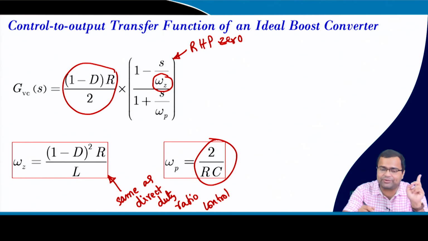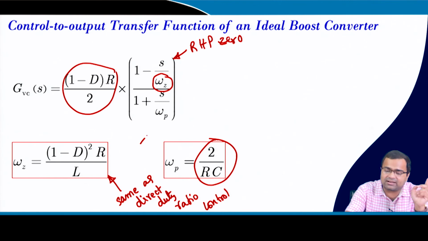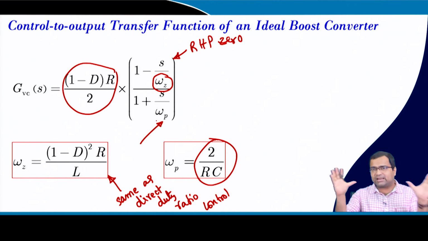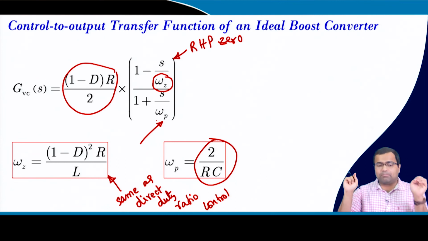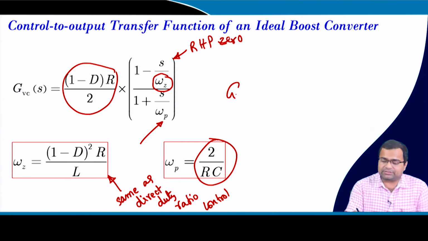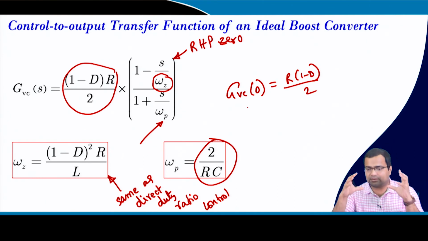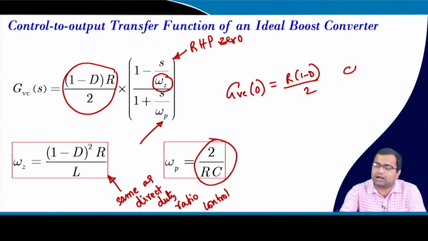So, one benefit we got is that our pole became a single pole, but you cannot avoid the RHP zero, it is there. But at the same time, if you see the closed loop DC gain, it is R times (1 minus D) by 2, and that is the problem, because the closed loop DC gain depends on the resistance. This is for current mode control with closed current loop.